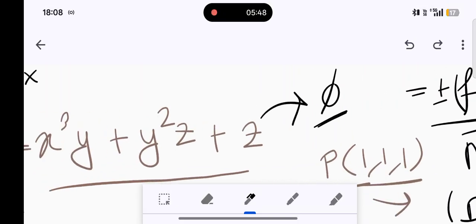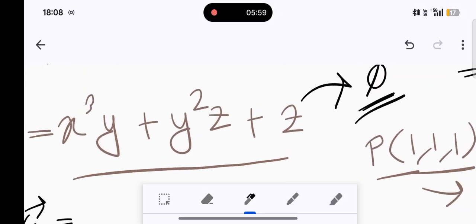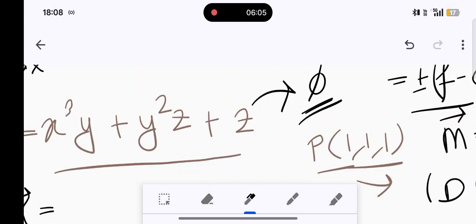In multiple cases you will see the examiner will try to avoid this problem, and will give you a question where phi is already mentioned. You don't need to subtract c from f or something like that.